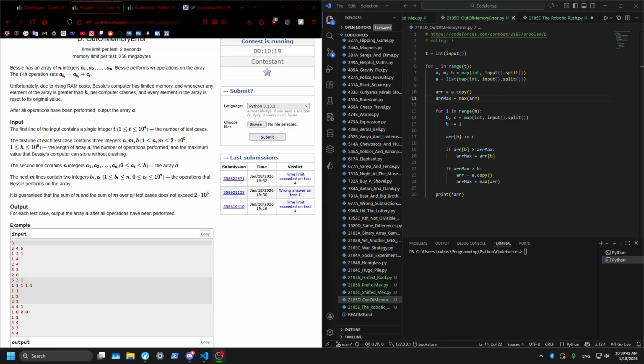What does that mean? So there will be up to 10 to the 4 test cases.